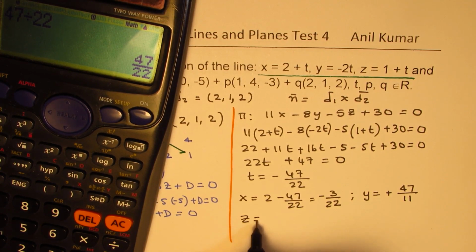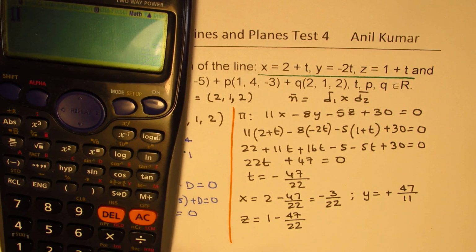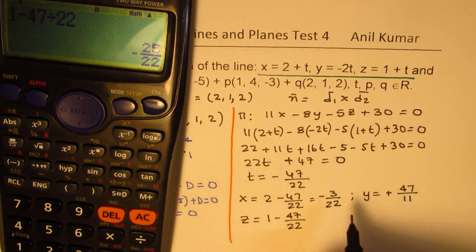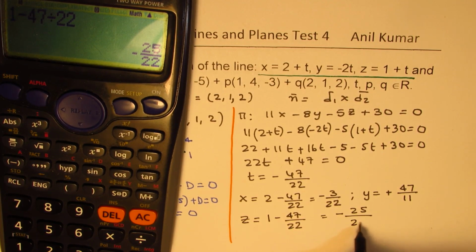And the z value will be 1 plus this, which is minus 47 over 22. So we have 1 minus 47 divided by 22, which is equal to minus 25 over 22.